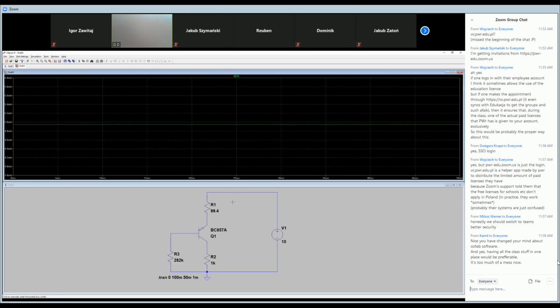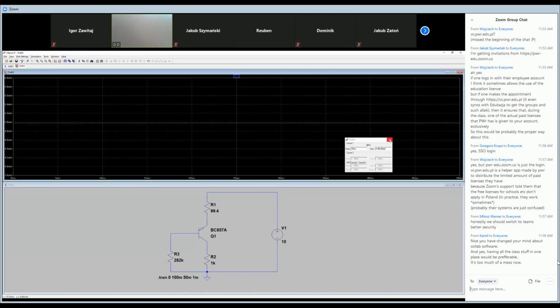What is the next current? As you see, it is almost 5 milliamps. It should be a little bit higher. However, if IC is lower, and we substitute the base current, in this case it is almost 5.